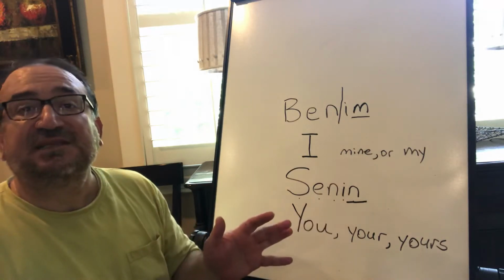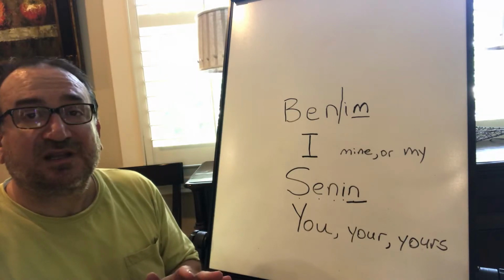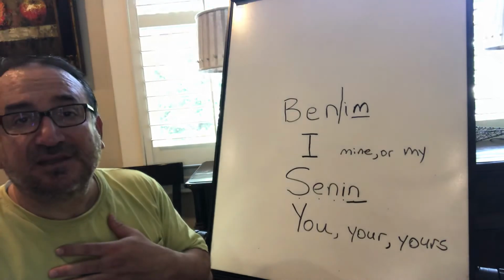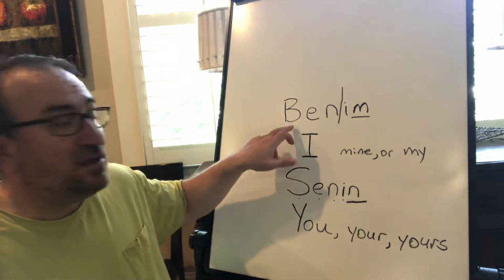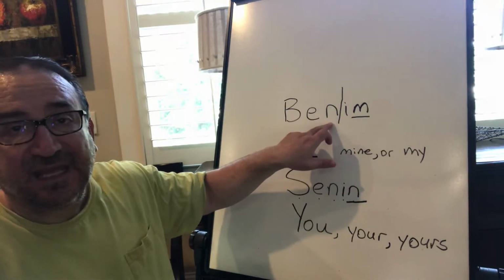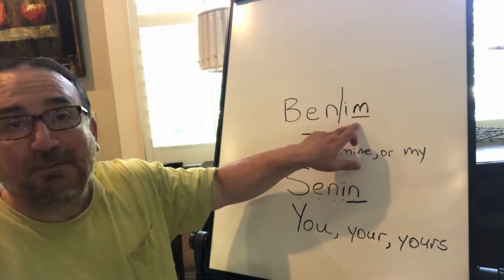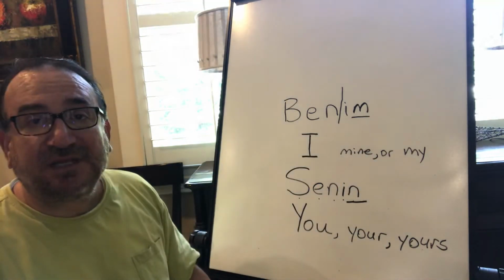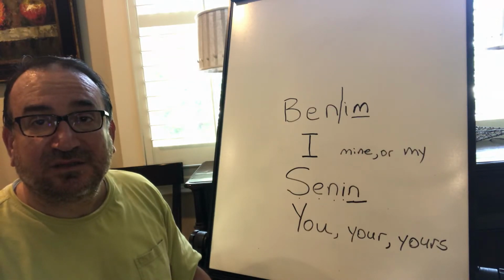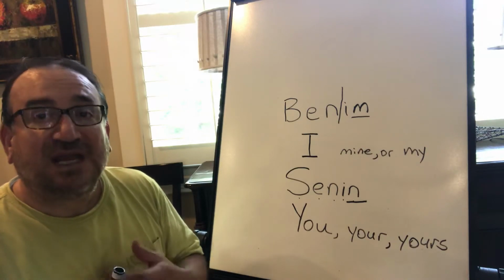So in this lesson, basically, what we learned so far is how to say I, ben. We learned the letters B, E, ne. We learned the letter E, me. So what happened? Benim, mine. Who does it belong to? It's mine. Or my name, benim.